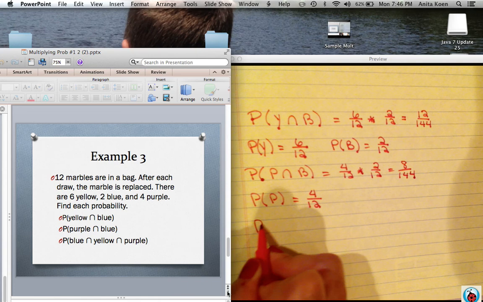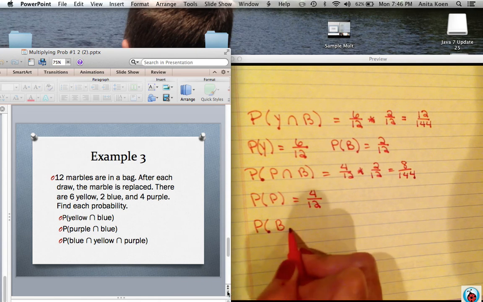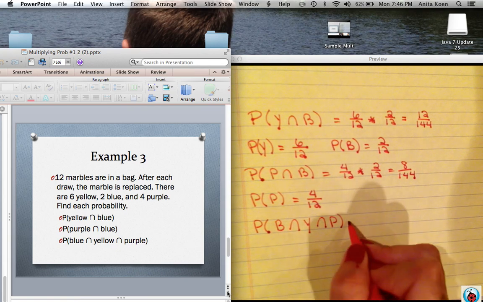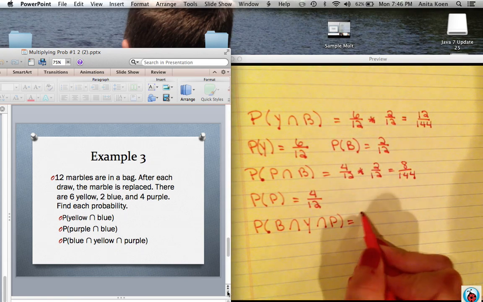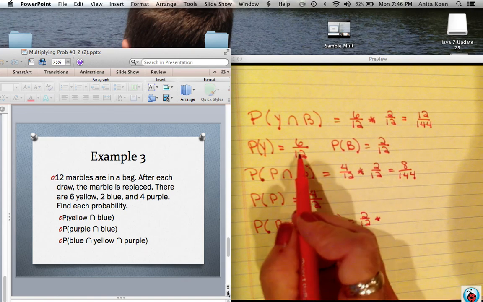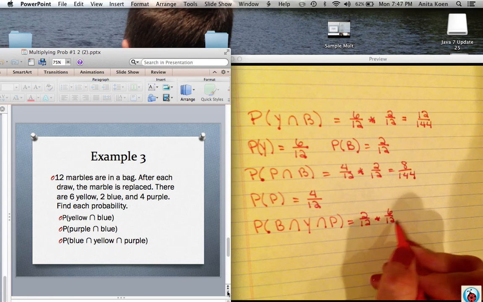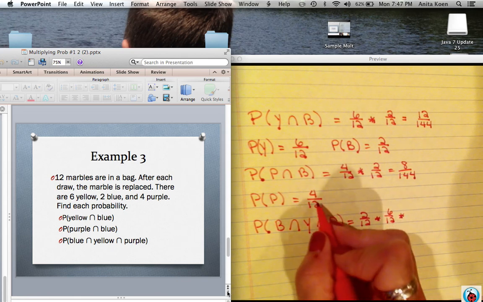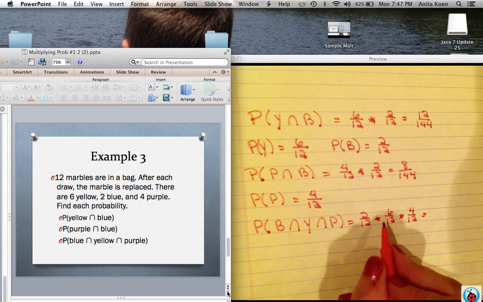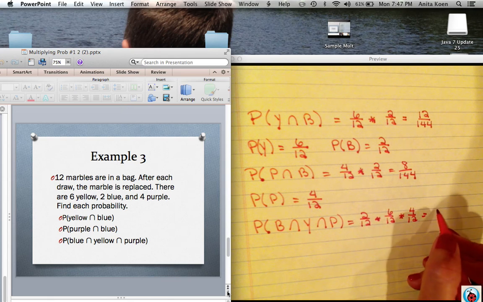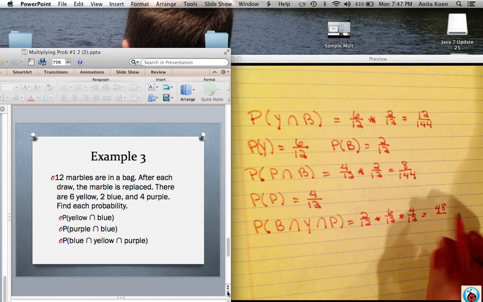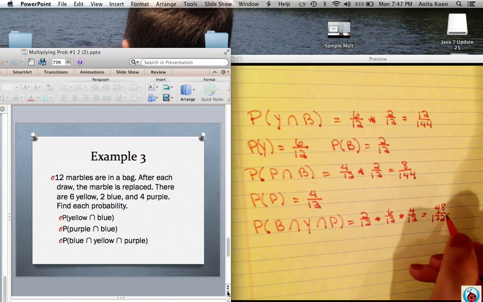Now we want to find the probability that we will draw a blue and a yellow and a purple. Well, the probability of a blue is 2 out of 12 times the probability of a yellow is 6 out of 12 times the probability of a purple, which is 4 out of 12. 2 times 6 is 12 times 4 is 48, and 12 times 12 times 12 is 1,728.